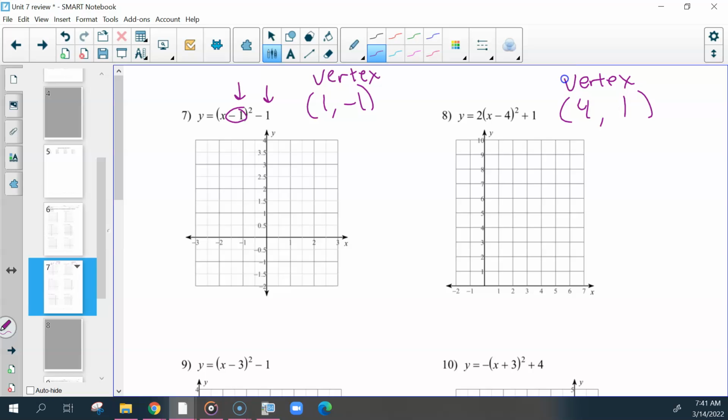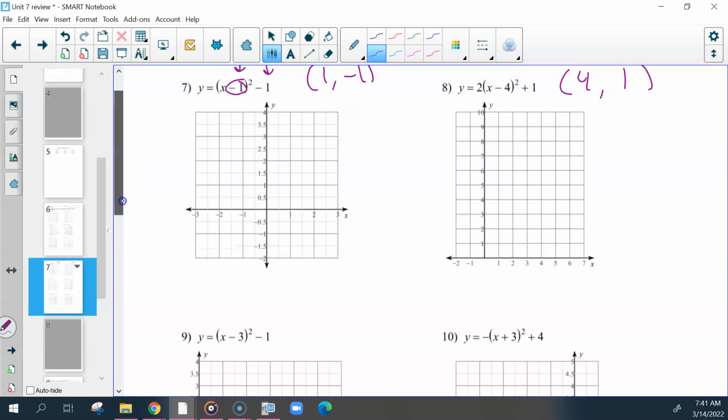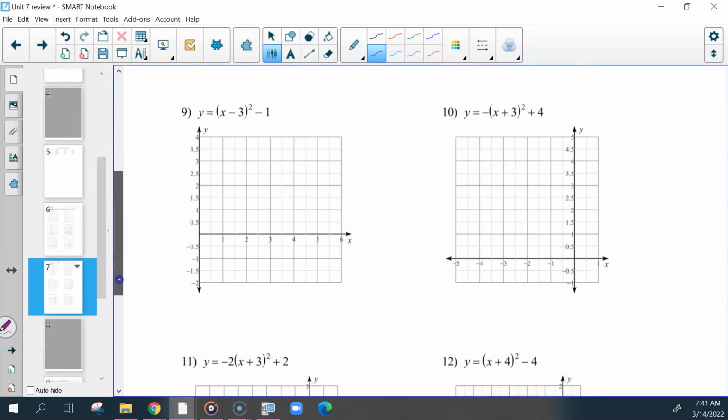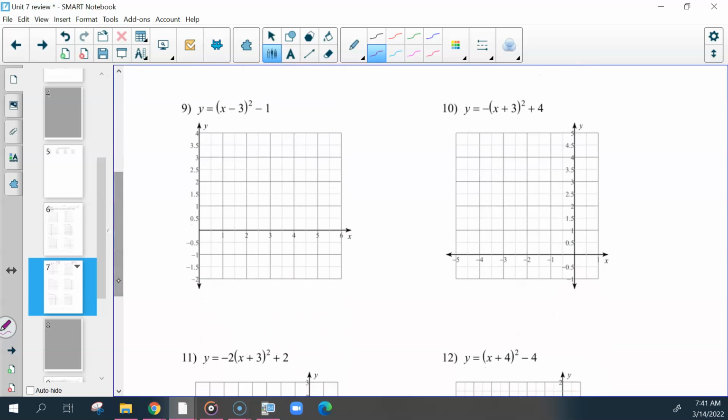Take that inside, make it the opposite, take whatever's on the outside, that is the number. Let's do one more. Number 10. What is your vertex for this? -3, -4. So as long as you're able to see that vertex and find that, you're good.